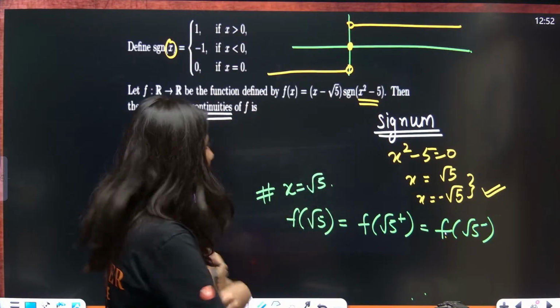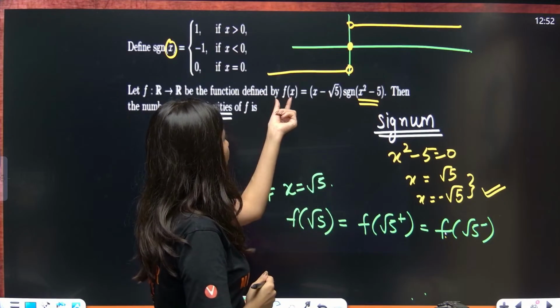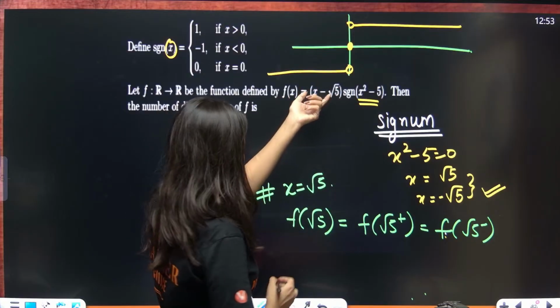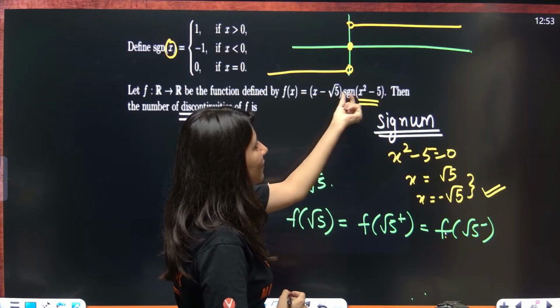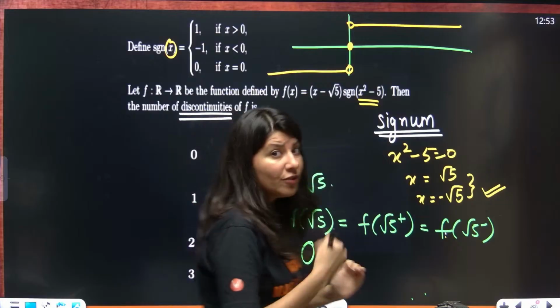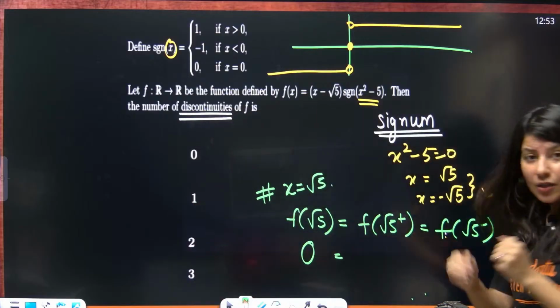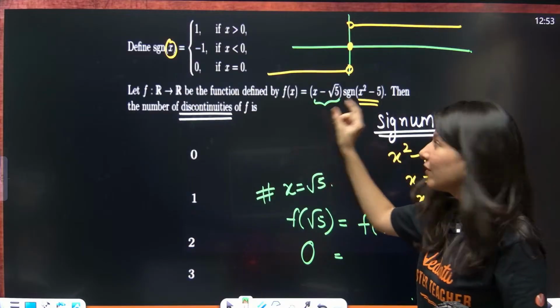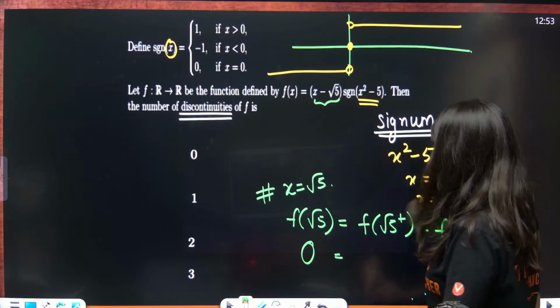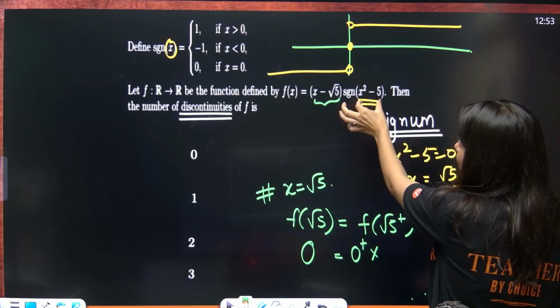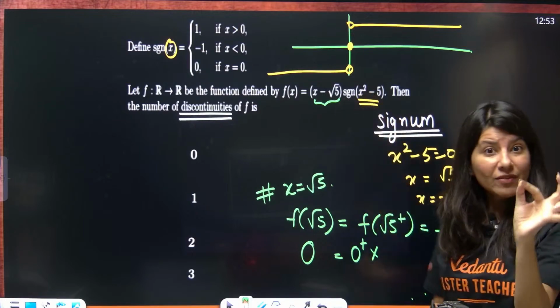Let's check. If I put root 5, what will I get? Root 5 minus root 5 will be 0, and signum of 0 is anyway 0. So at the exact value you are going to get 0. Now root 5 plus, so slightly greater than root 5. Be very careful.